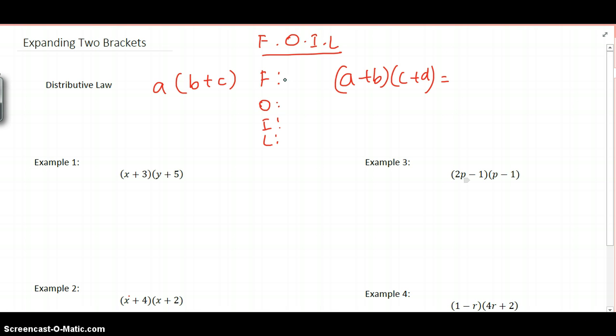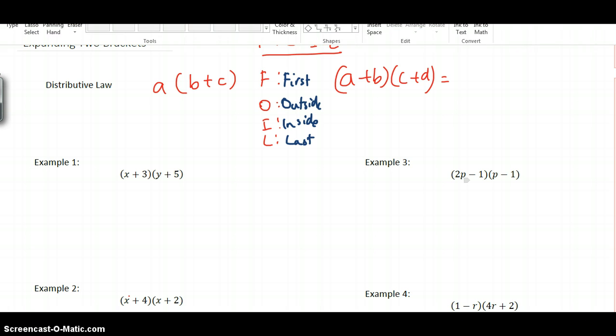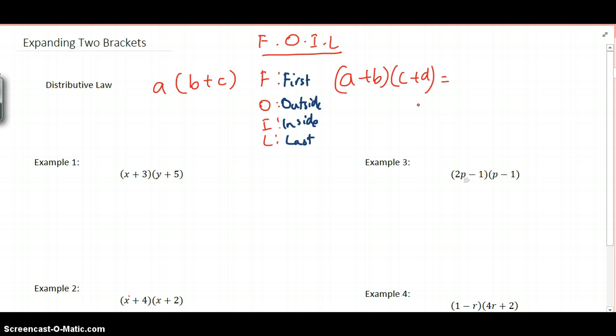So this is going to be first, so you need to multiply the first terms, the outside terms, the inside terms, and the last terms. Now this will make a bit more sense once we expand this.